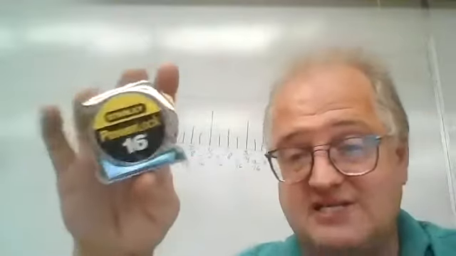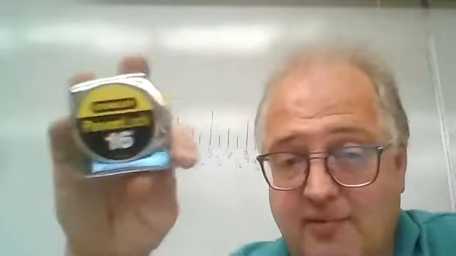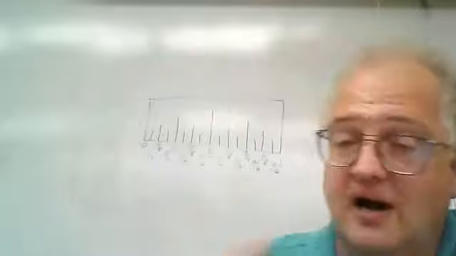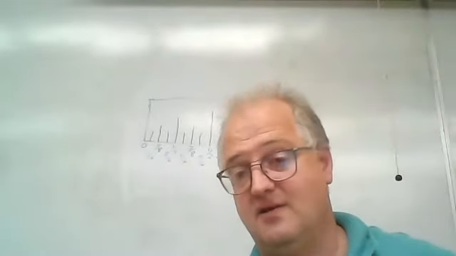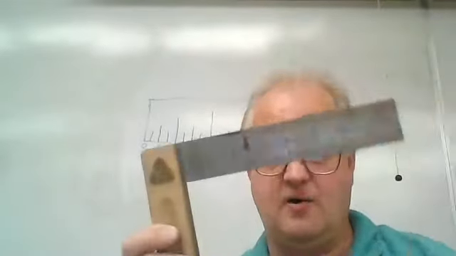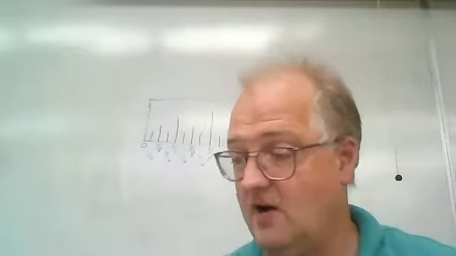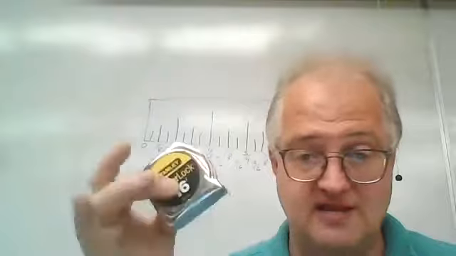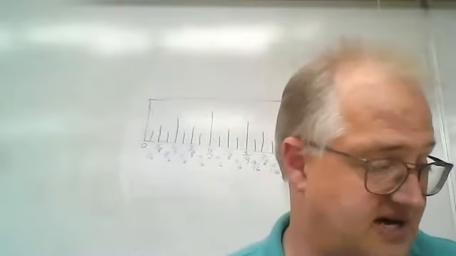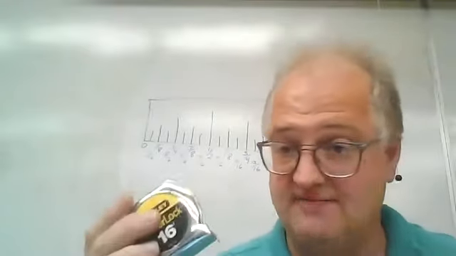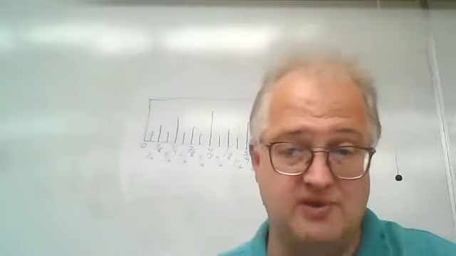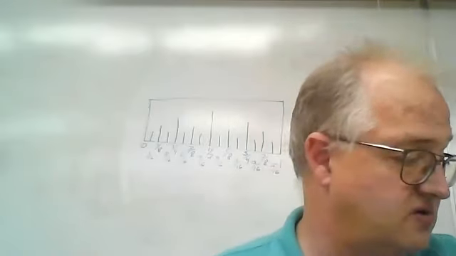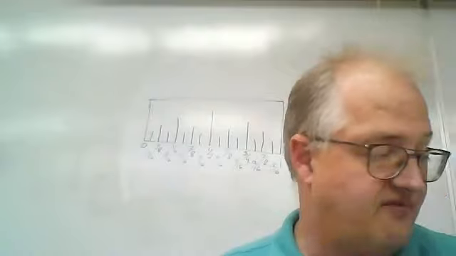If you're using these in the shop, you might need to be able to read these a little bit closer. So certainly what you would need here with this, where we're an 8th scale, or my tape measure here, which is a 16th scale, these are 32nd scale. So you've got more tick marks, and you have to be aware of that when you count the tick marks and reduce those to the correct fraction.